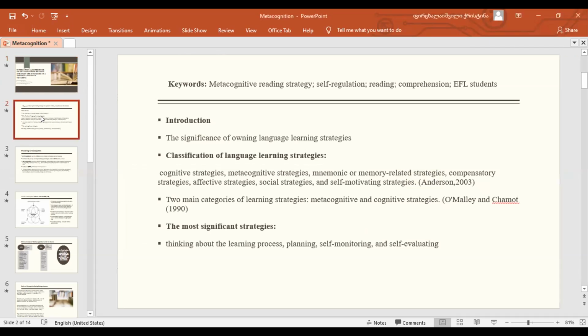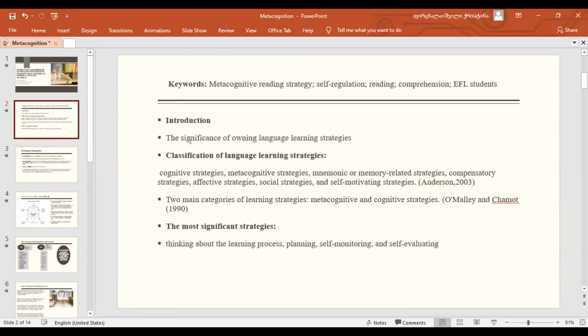As I mentioned, this is the topic of my dissertation. That's why I'm especially interested in this field. So, the significance of online language learning strategies. First of all, I would like to discuss what language learning strategies are and why they are so important for us teachers and for our students.